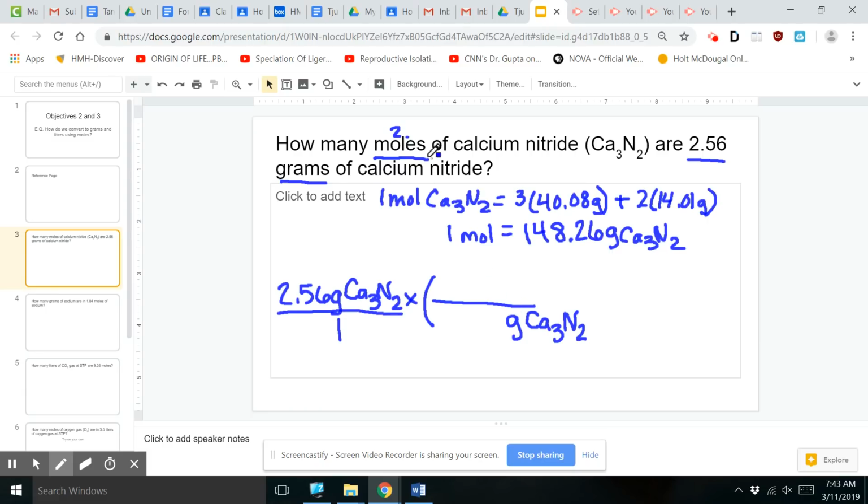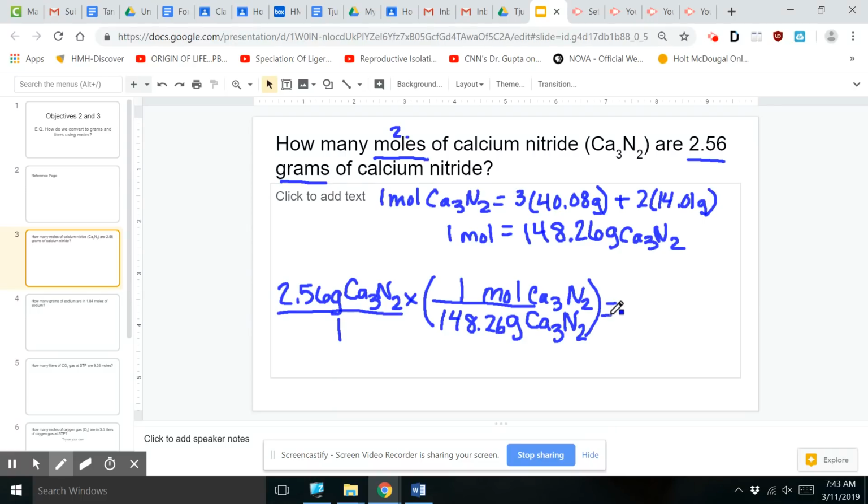So because I'm looking for moles, I know that I can go from grams to moles using this. I'm going to put my moles on top. Moles of Ca3N2. Then I'm going to go ahead and plug in my numbers. I know that 1 goes with mole, and I know that 148.26 goes with grams.